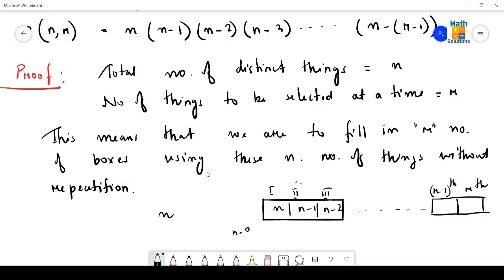For the second place I write n minus 1: the position is 2, but the number subtracted is 1, that is 1 less than the position number. In the third place, the position is 3, but the number I am subtracting is 2. The same thing will continue here also.